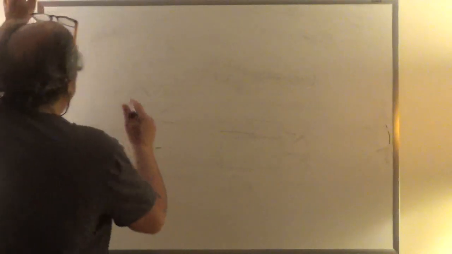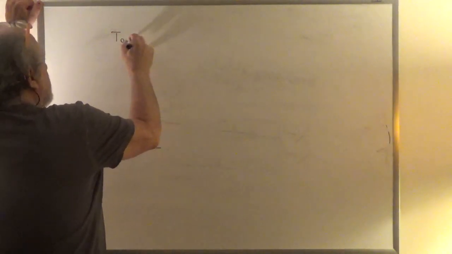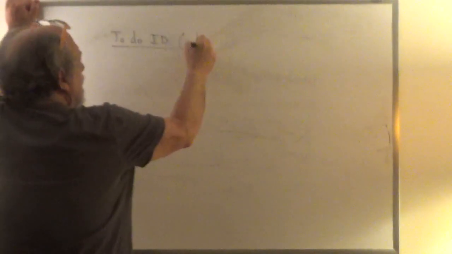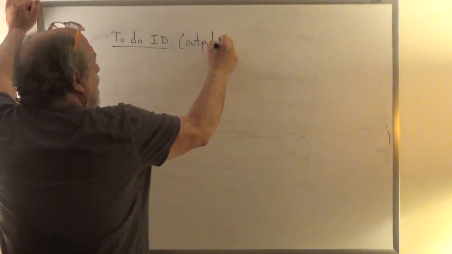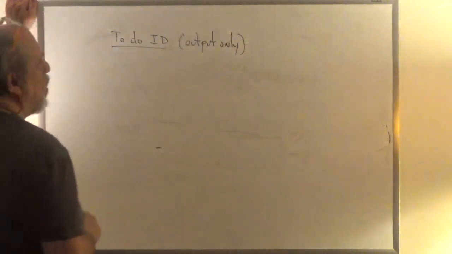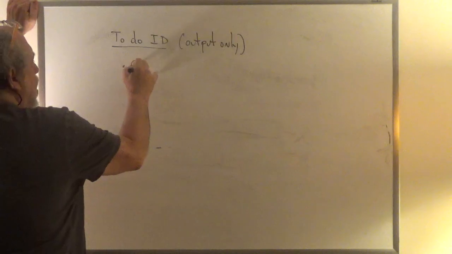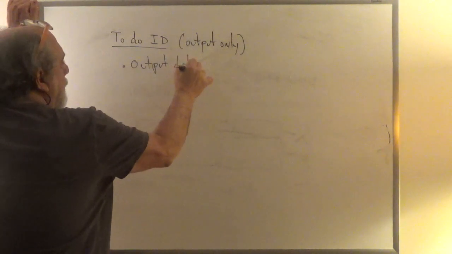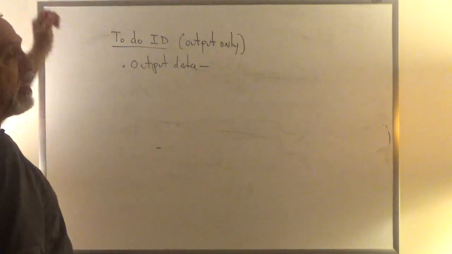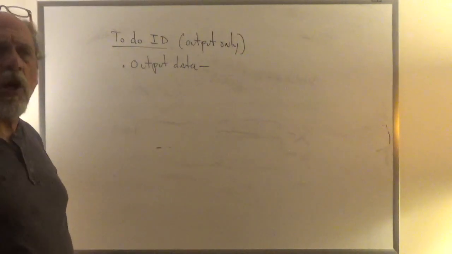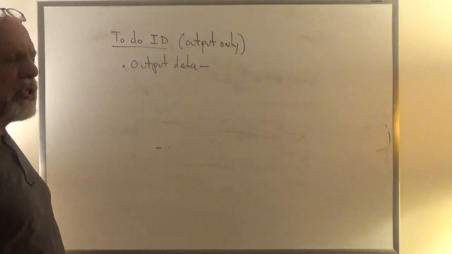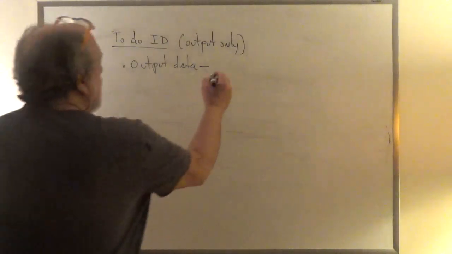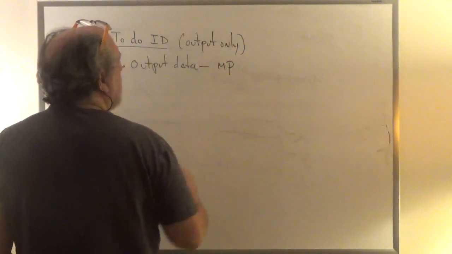You have a program to do ID. Output only. When you're doing output only identification, what do you do? You take the output data, and from the output data you run the program stock or something like that, which computes Markov-like parameters, right? Let me just say Markov parameters.